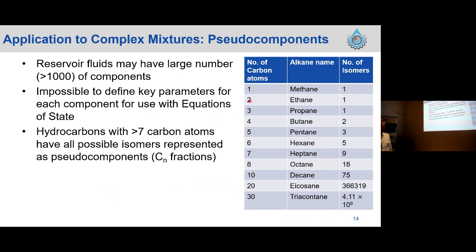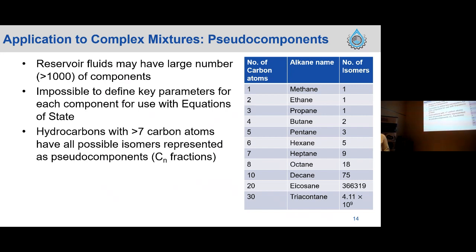And so firstly, let's look at this table on the right. As the number of carbon atoms increases, you can see that the number of potential isomers is going to increase exponentially. And so when we consider reservoir fluids that have a significant amount of these heavy hydrocarbons, it becomes impossible to define the key parameters that are required for each of these components to use in an equation of state to model the fluid phase.